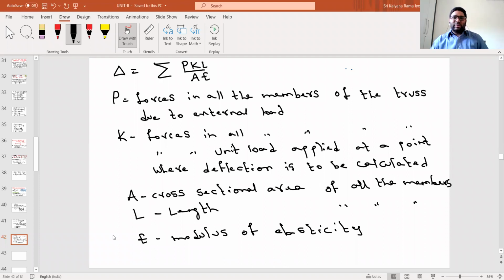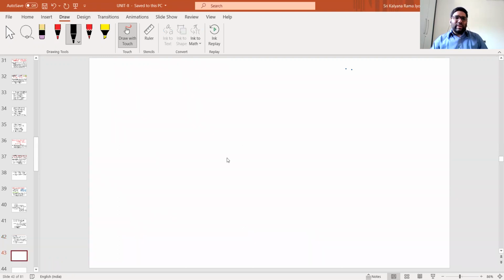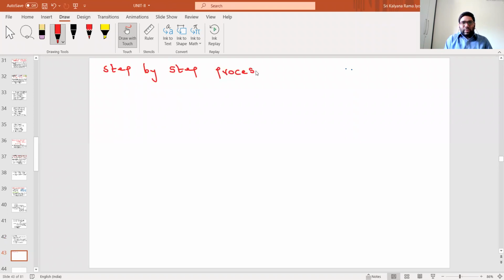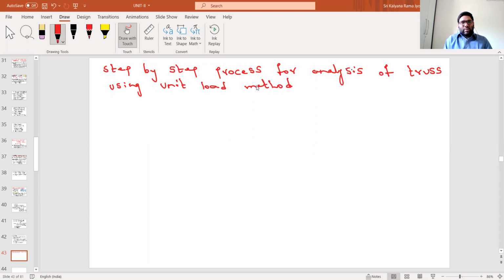Now let us see the step by step process. How do we solve it? Step by step process for analysis of truss using unit load method. First step, you will be given a truss.